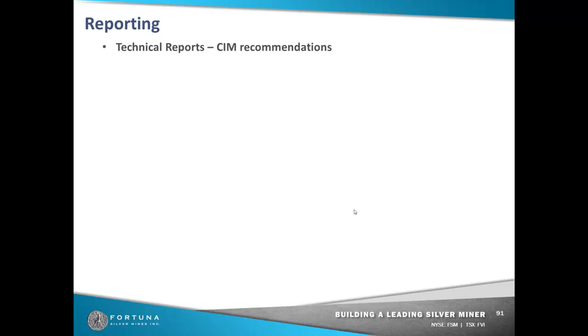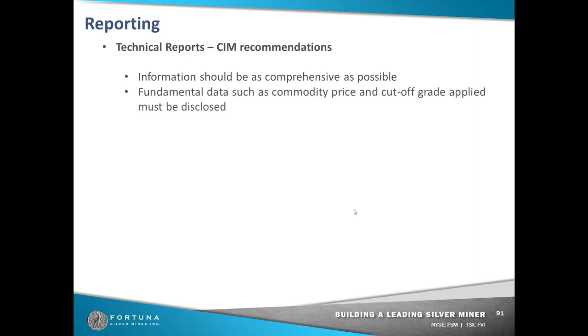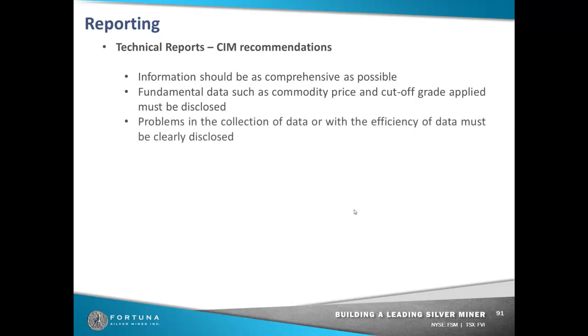So we're going to have a look at some of the CIM recommendations in terms of technical reports. They have some specific recommendations in terms of the fact that information should be as comprehensive as possible and easy to understand. Fundamental data such as commodity price and cut-off grade applied must be disclosed in the technical report.